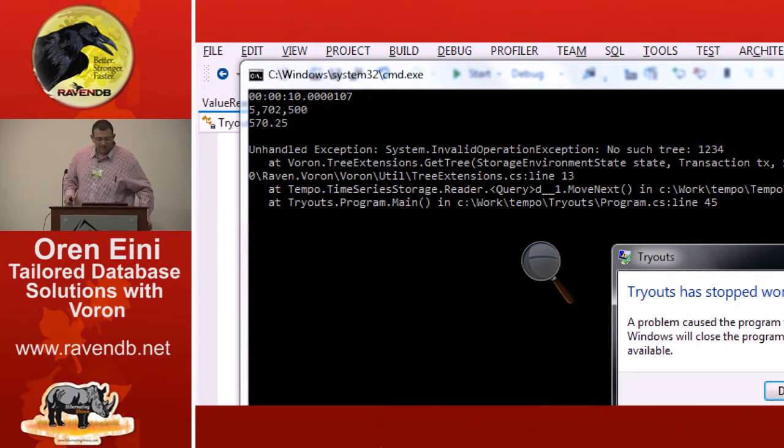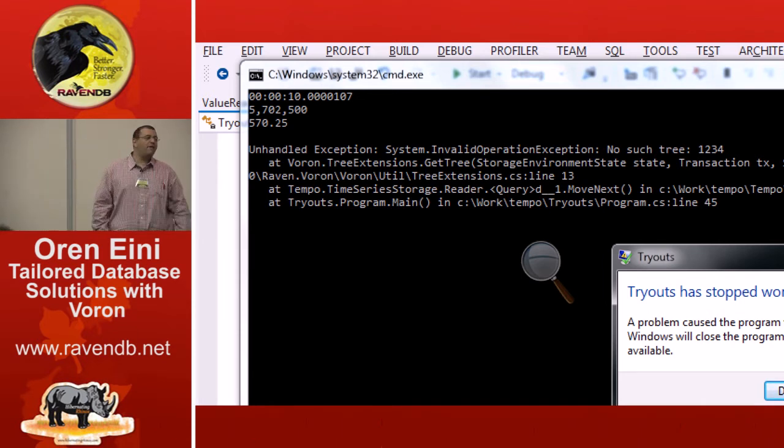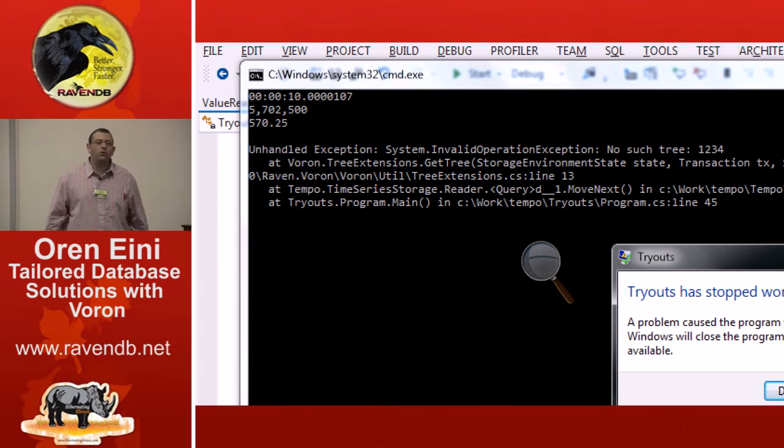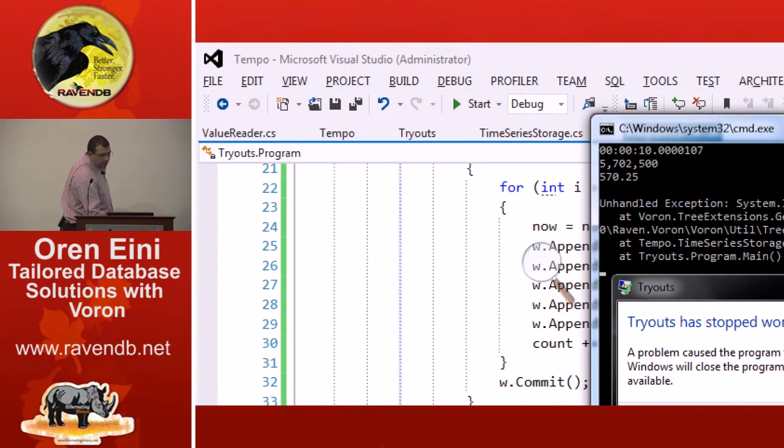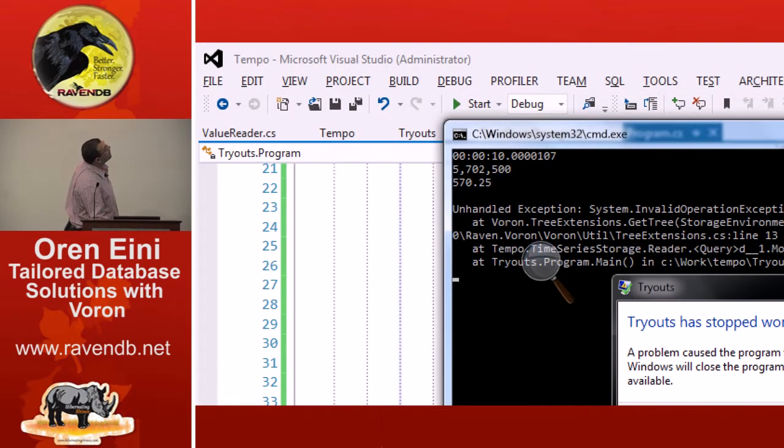So within 10 seconds, we added 5.7 million records, at a rate of 570 entries per millisecond.